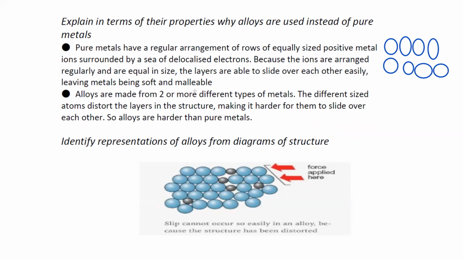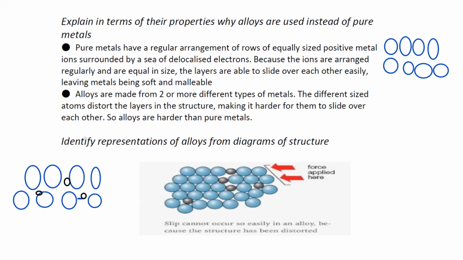But what is an alloy? An alloy means a mixture of metals. An alloy does not contain the same size of ions in the lattice, so it might contain different sizes of ions within the structure, and due to the presence of these different sizes of ions, the alloys are harder. Alloys are not malleable.